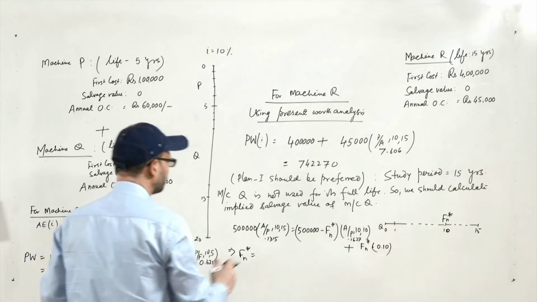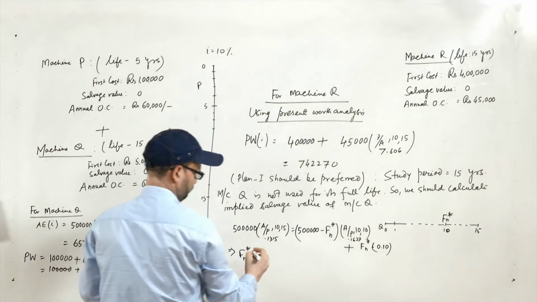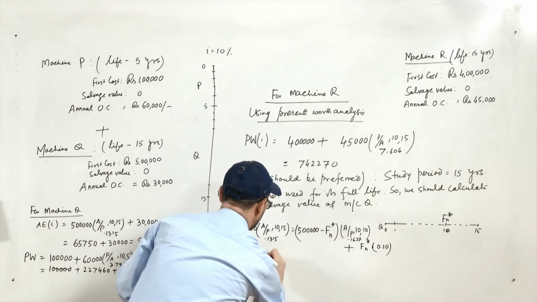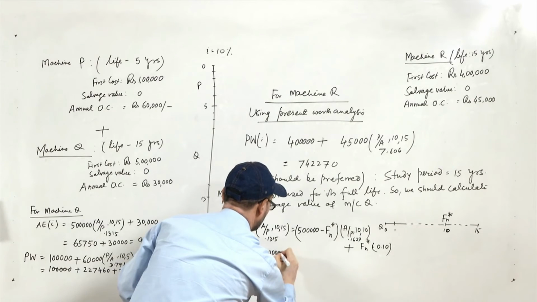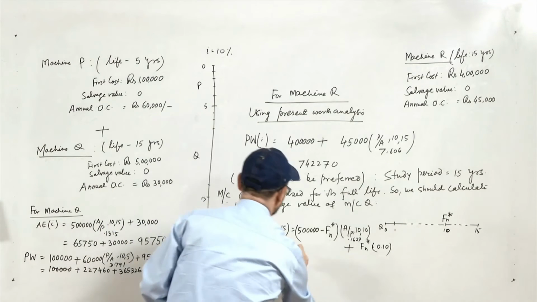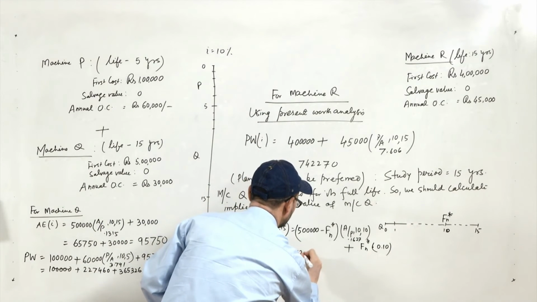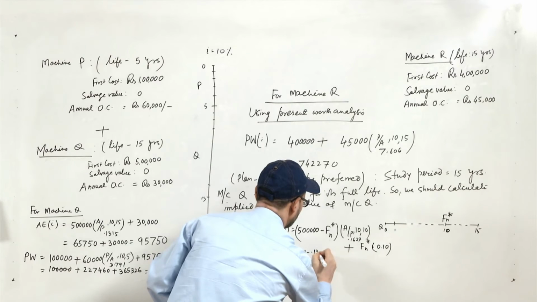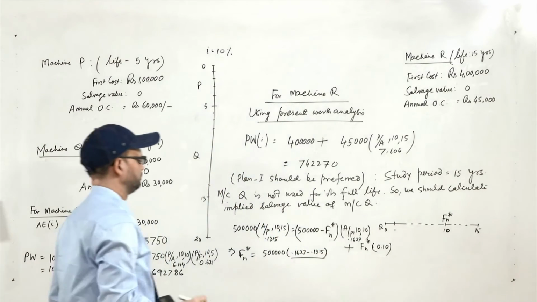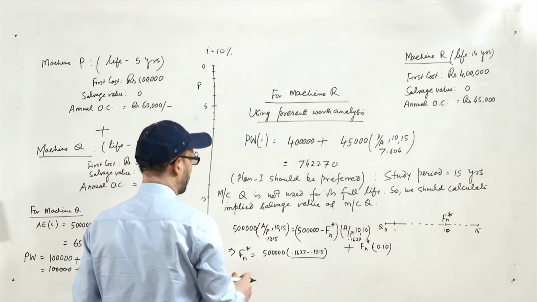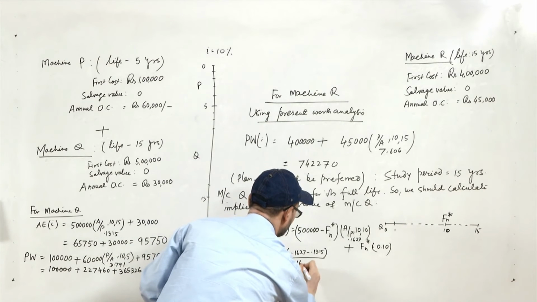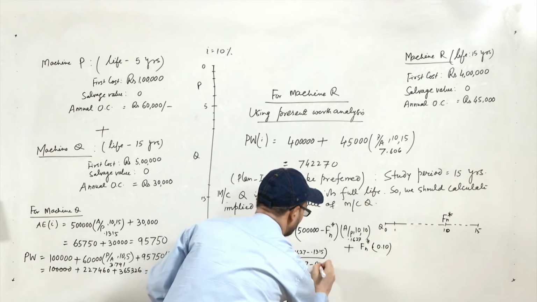It will be equal to five lakh into 0.1627 minus 0.1315, divided by 0.1627 minus 0.1.